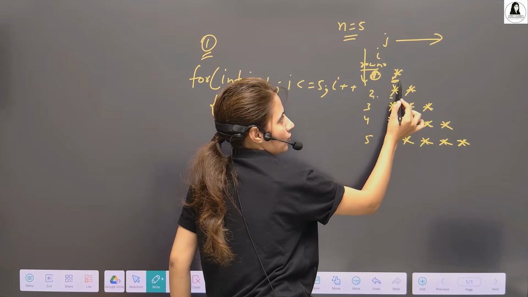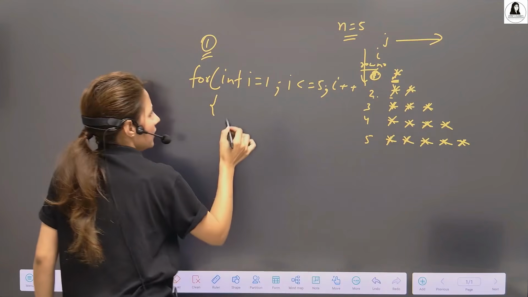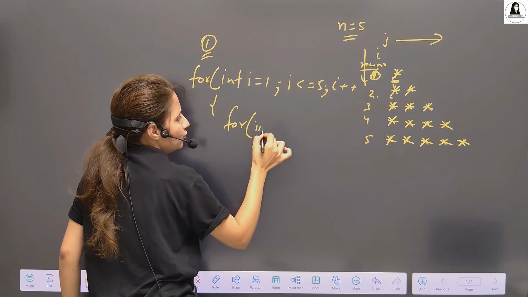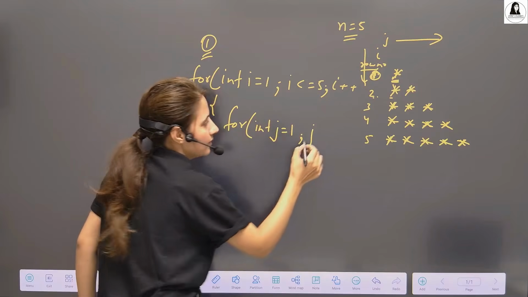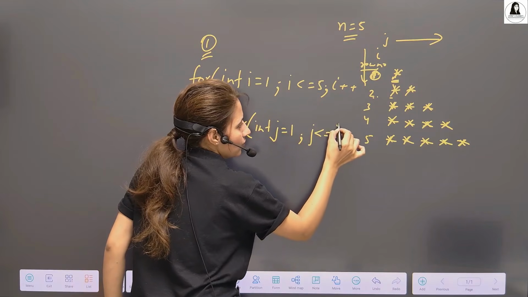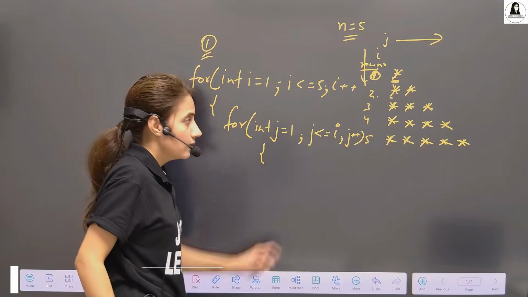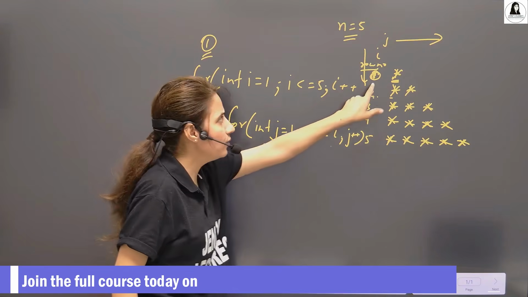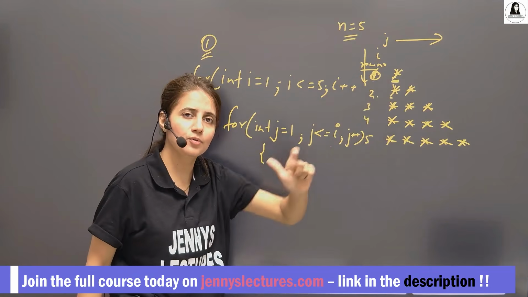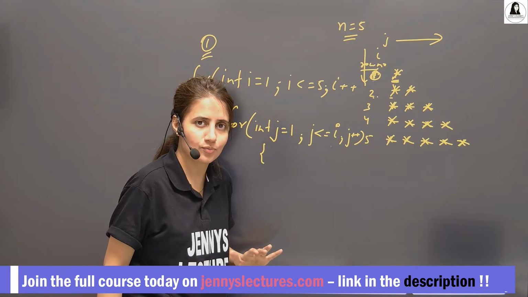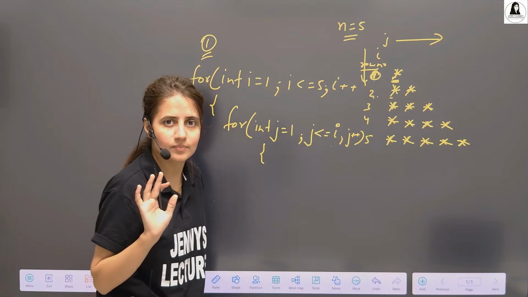So the inner loop should run from j is equal to 1 till j less than equal to i, and j plus plus. Because whatever the i value, only that many columns we have in that row, so j should run till i only.